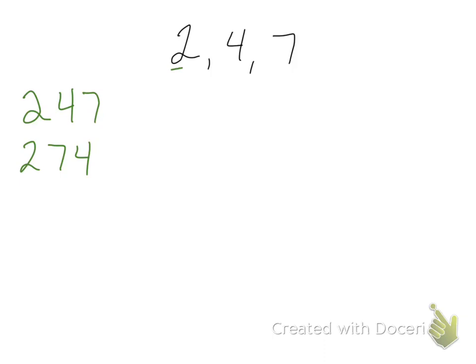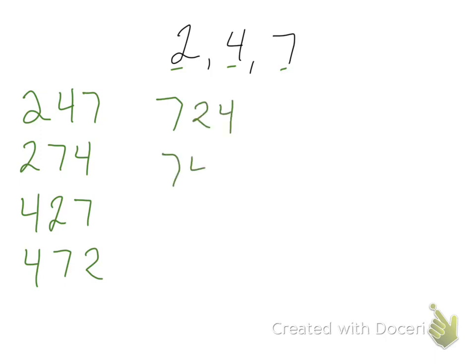That's using 2 first. Now let's use the 4. I can do 427 or 472. And then finally using the 7 first, I have 724 or 742. Okay. And those are all the different numbers I can make using 2, 4, and 7.